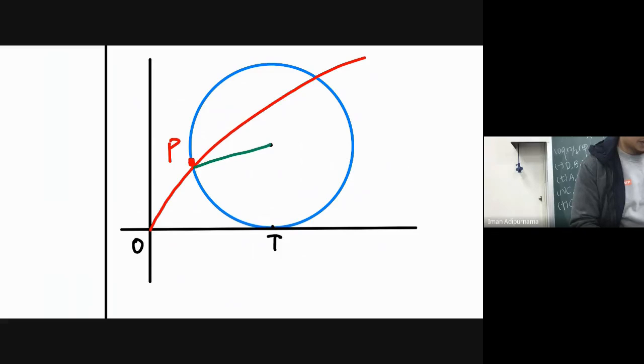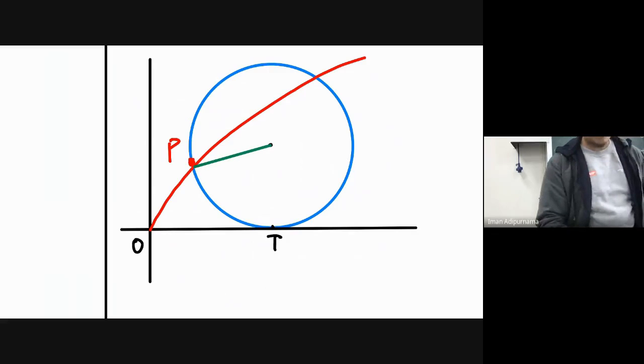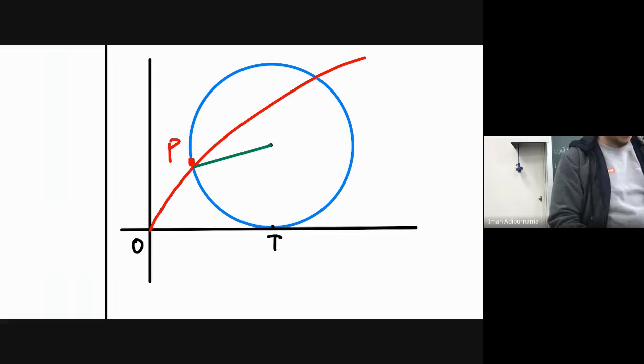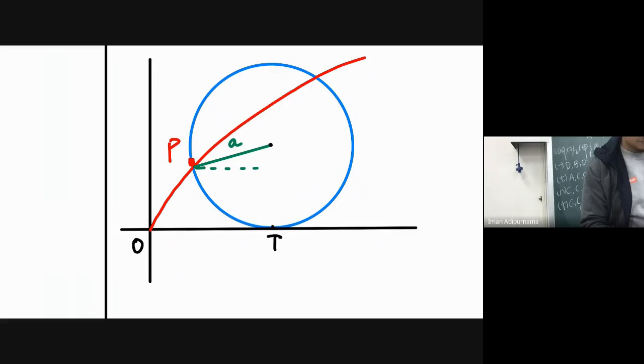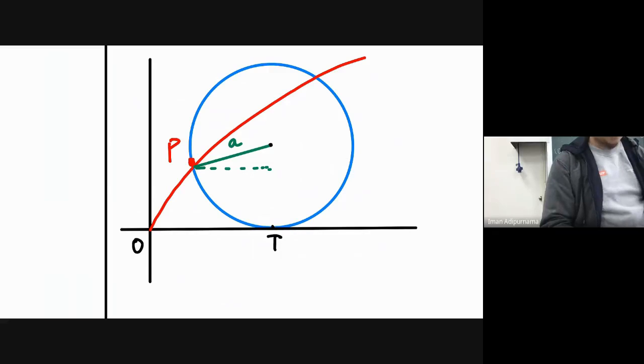Let's say the radius is A. Let me make another segment.